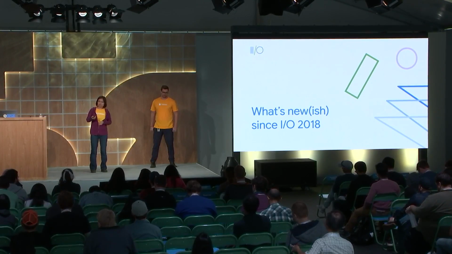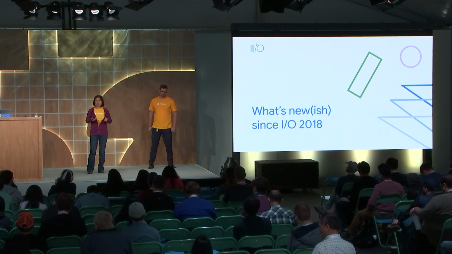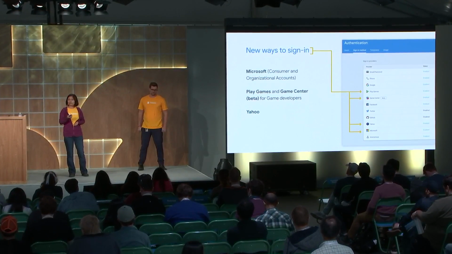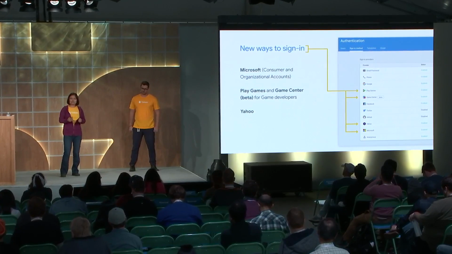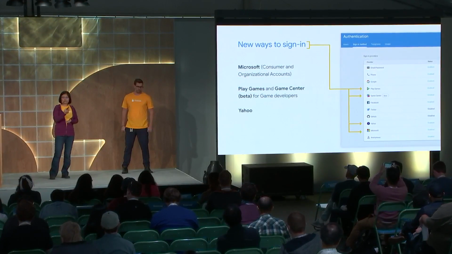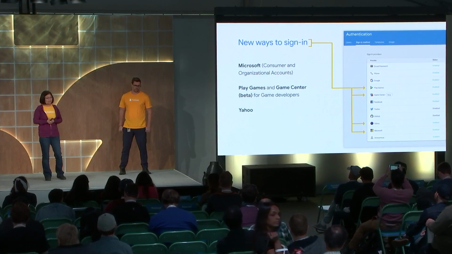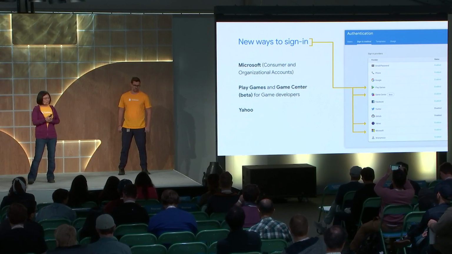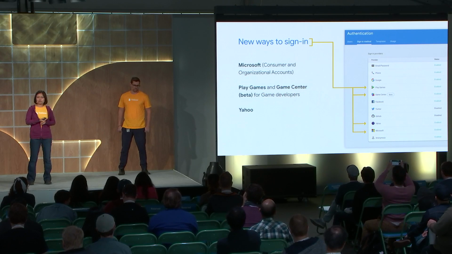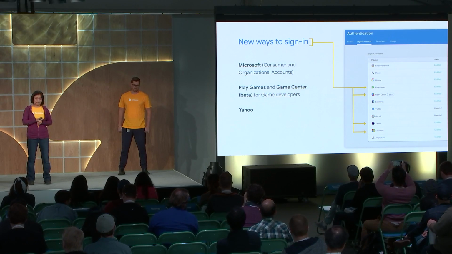So you may be wondering what has been new since the last time we talked. Let's look at that. We heard it loud and clear that users want more choices, so we introduced more ways for users to sign in. Here, the first is Microsoft. We support consumer as well as organizational account sign-in.